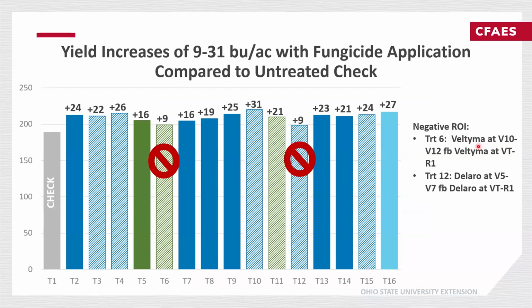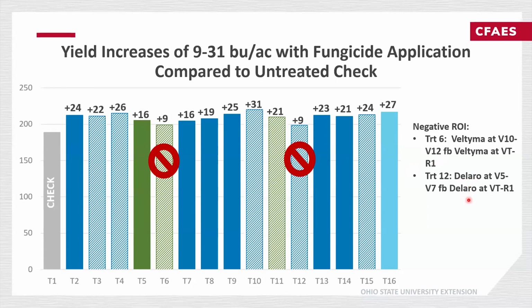So here in treatment 6, we had Veltima applied at V10 to V12, followed by an application at tasseling to R1. And then similarly in treatment 12, we had Delaro at V5 to V7, followed by tasseling to R1 with that same product.